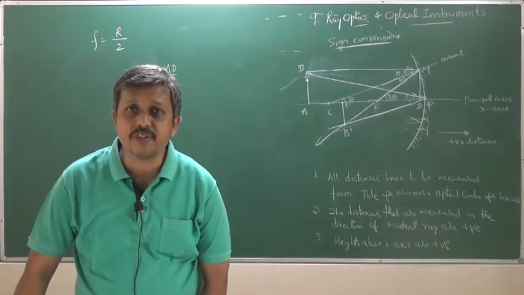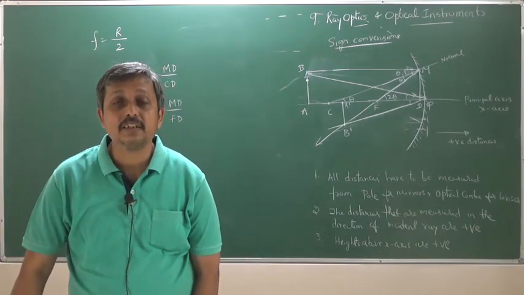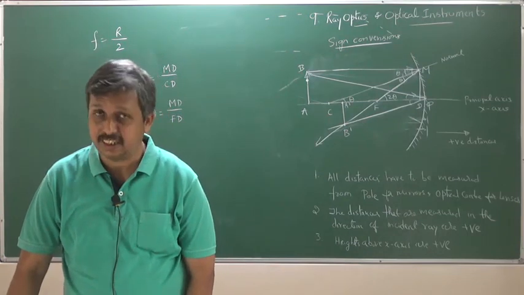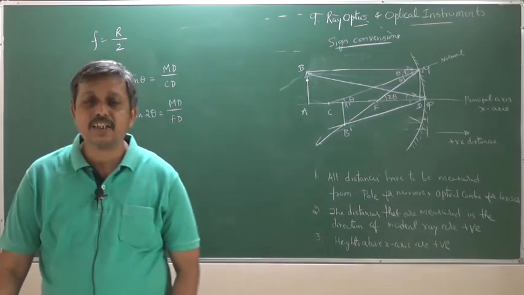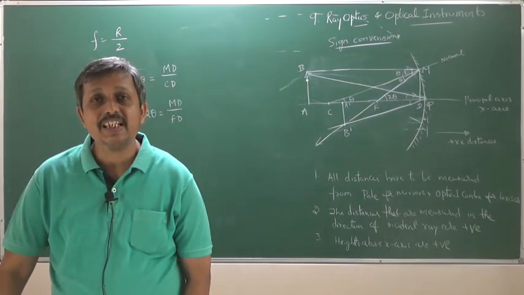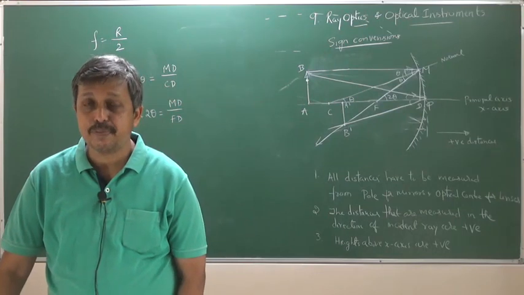Here I am using the fact that we are using paraxial rays. All the rays are supposed to be paraxial. Paraxial means they make very small angles with the principal axis.